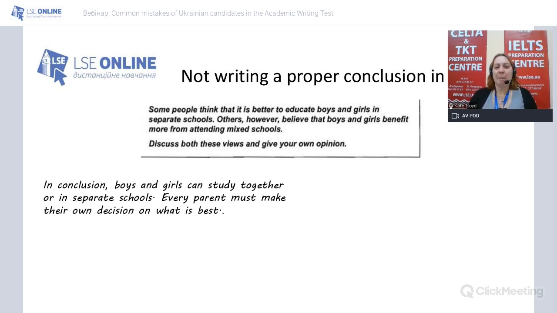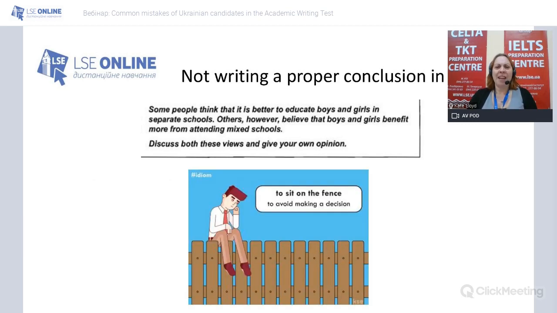We have an idiom in English. I don't know if you have a similar one in Ukrainian, but we have an idiom called to sit on the fence. To avoid making a decision on whether to go to this side or this side. And in a conclusion for task 2 in IELTS, you have to not sit on the fence.